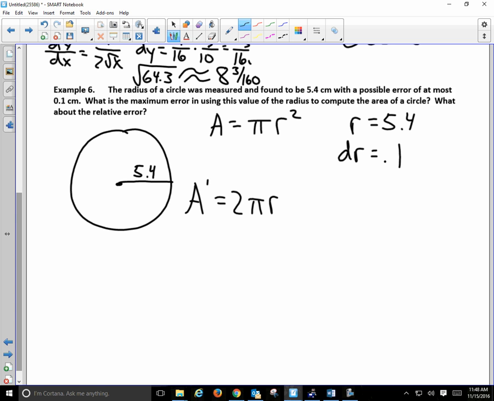Now, instead of attaching an r prime, you could just attach dr. It's the same thing as what we did earlier, right? So I've got change in the area is equal to 2 pi times your radius, 5.4, times 0.1.